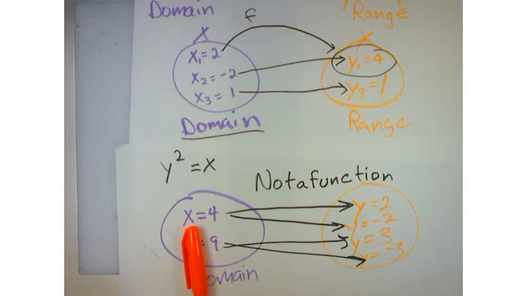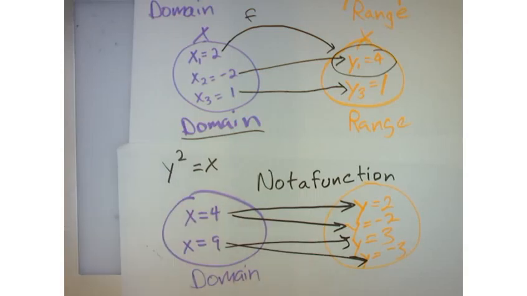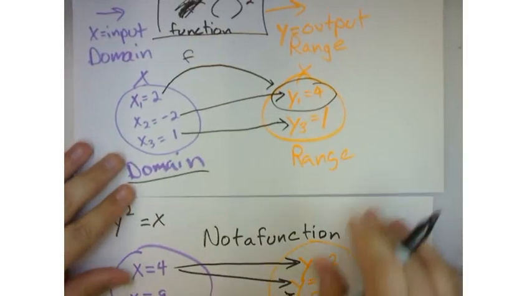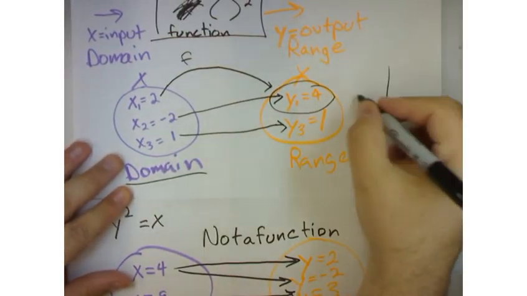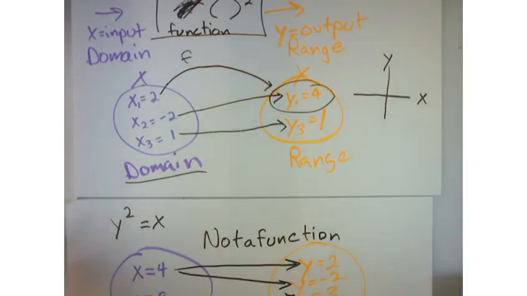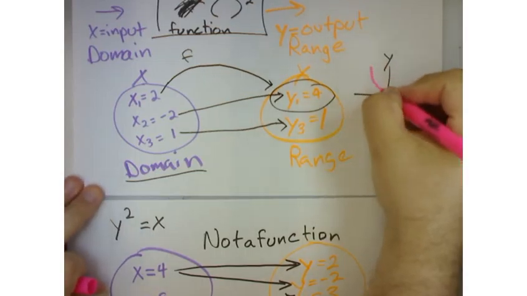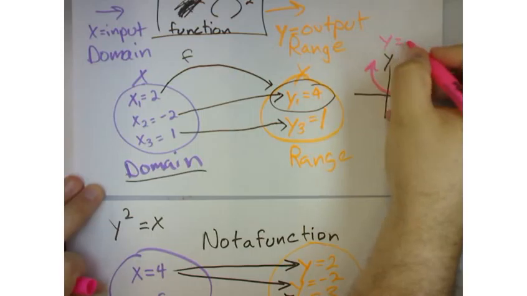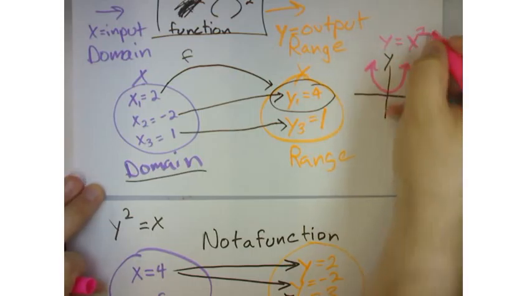Another way that you could look at this information is consider the graphs of the functions. In this function here, what the graph would look like is like this. This is y equals x squared.